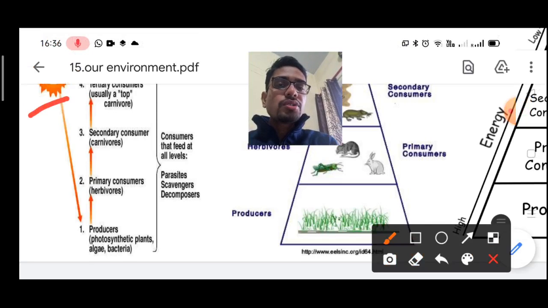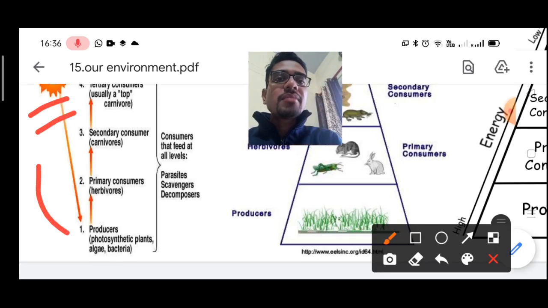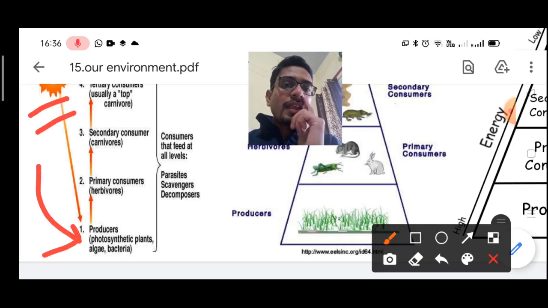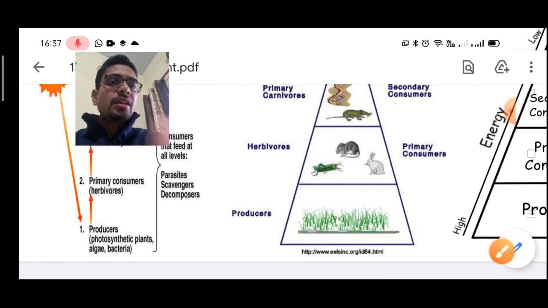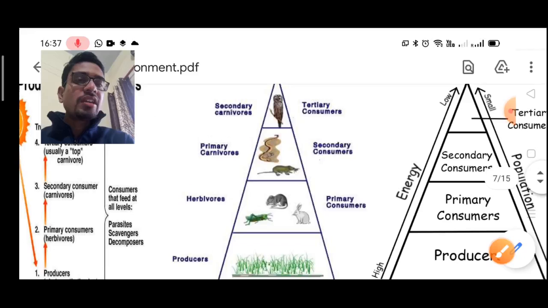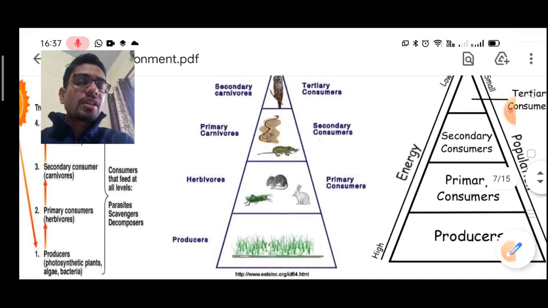So sunlight is the ultimate source of energy. Sunlight is taken by producers to make food, and that food energy is transferred to primary consumers, secondary consumers, tertiary consumers. This is the flow of energy in the ecosystem: sunlight to plants to herbivores to secondary consumers. And you see here this is a food chain represented by a triangle.